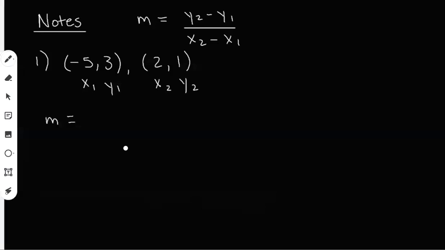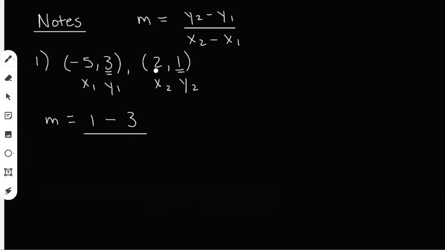So we're going to do the y values on top. y2, that is this 1 right here. And then I'm going to put the subtraction sign in the middle. And then y1 is going to be this 3 right here. So I have 1 minus 3 on top. On the bottom, that's where I'm going to put the x values.